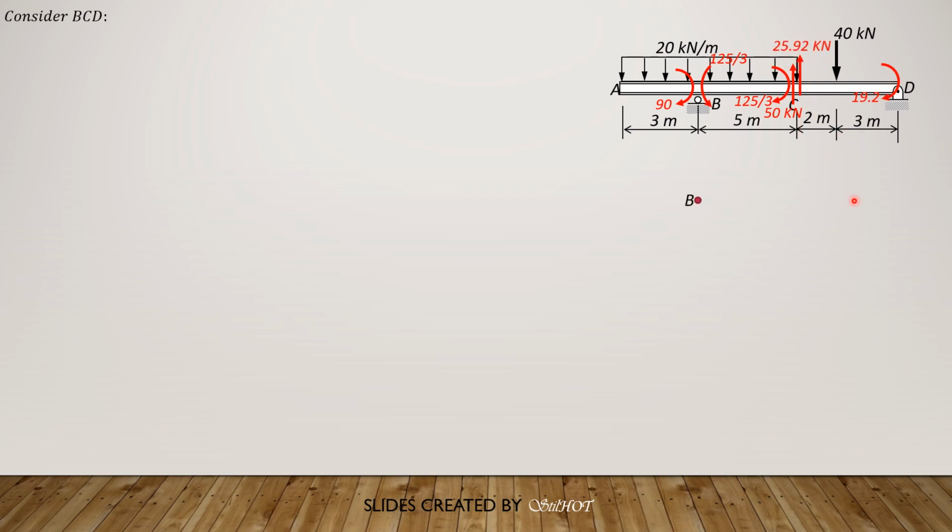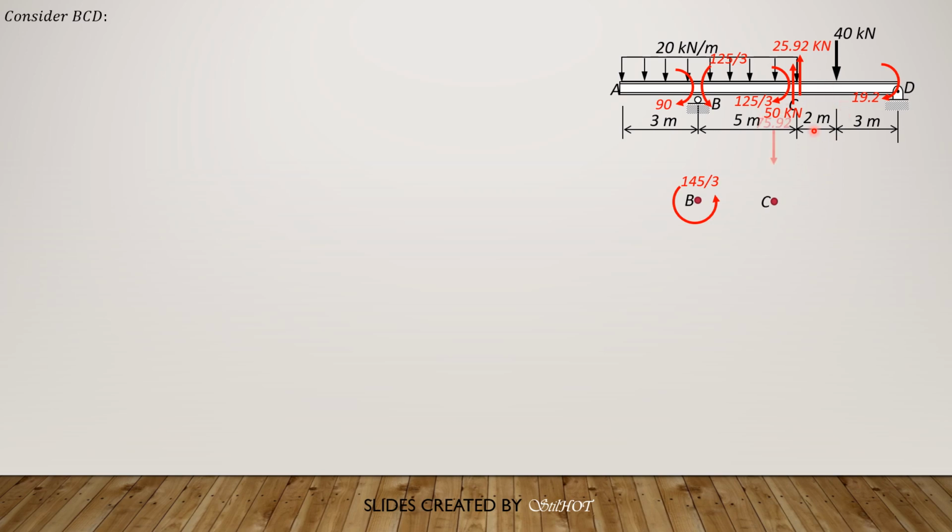It's 28.8 here. So at B, the nodal load would be 90 minus 125 over 3. The result is positive. So that's why we have 145 over 3. 90 minus 125 over 3 is positive 145 over 3. So it should be counterclockwise.